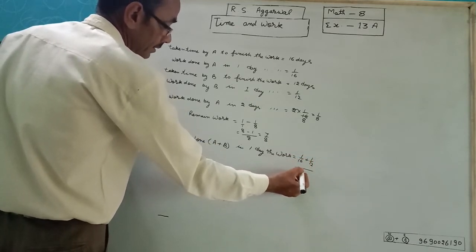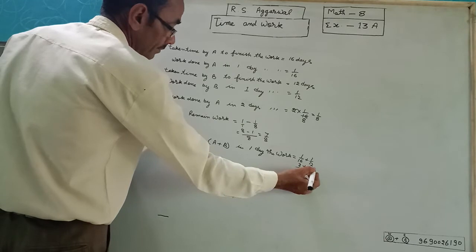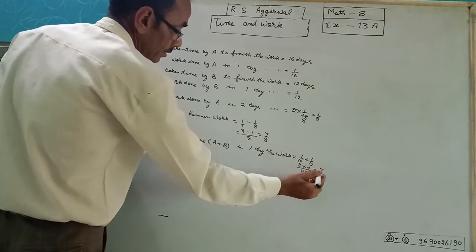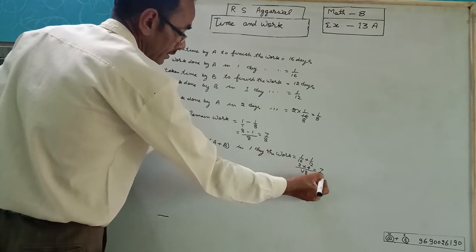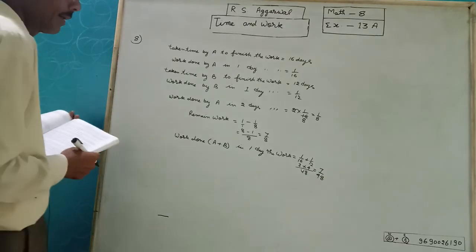LCM is 48. 3 and 4, so 7/48 work is done by A and B.